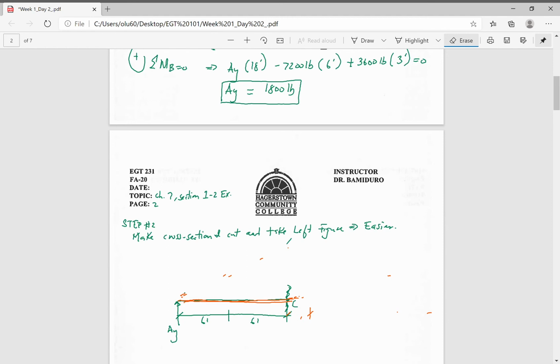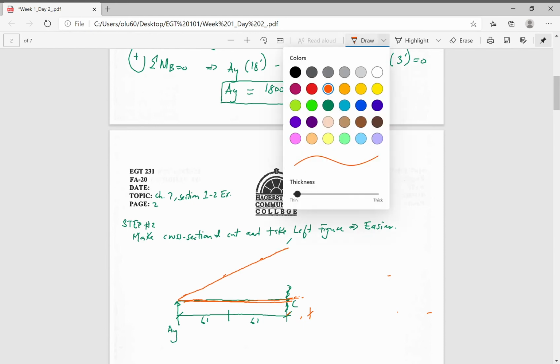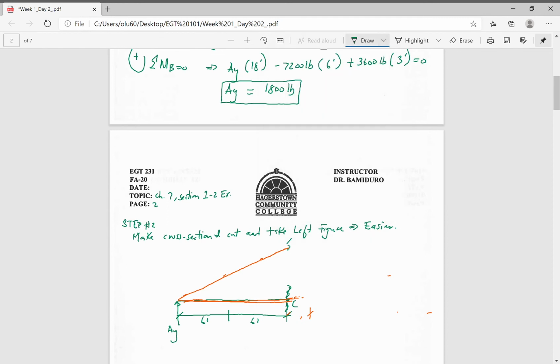And then, okay, we can come back here and use our green marker. This is 533.3 pounds per foot.